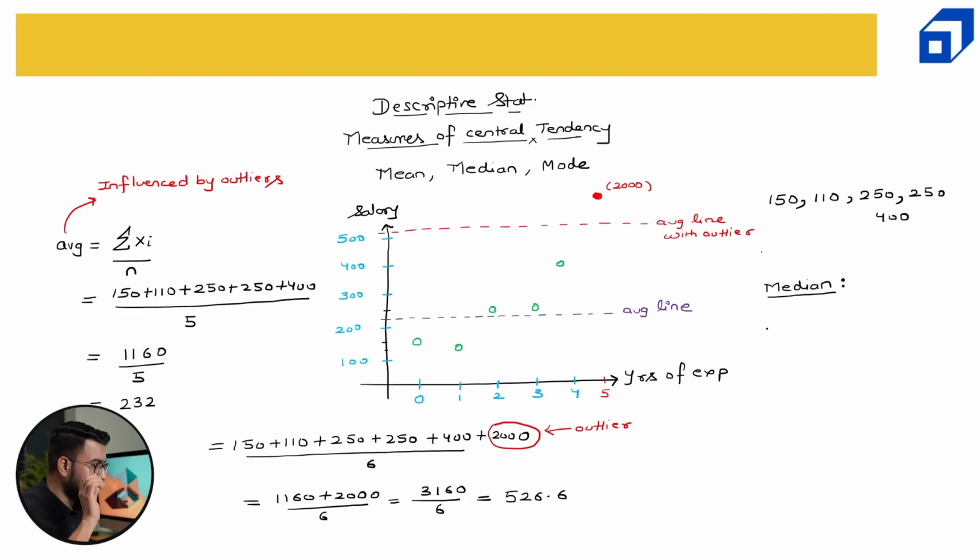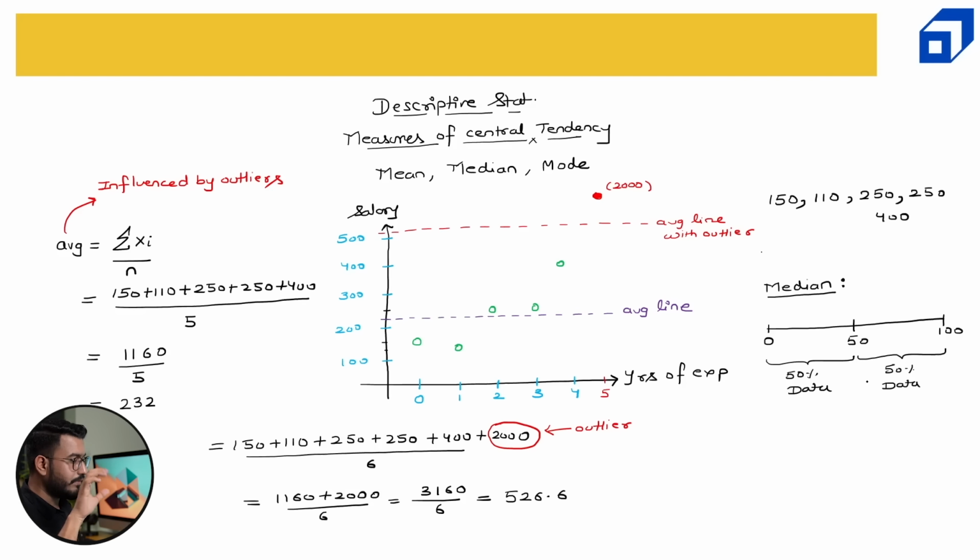So when I say center, let's say this is 0, this is 100, so your center will be 50. So your 50% of the data will be below this point, while your rest 50% will be above this point.